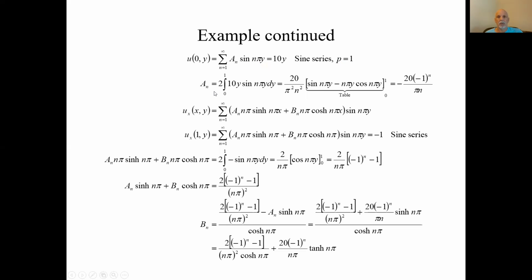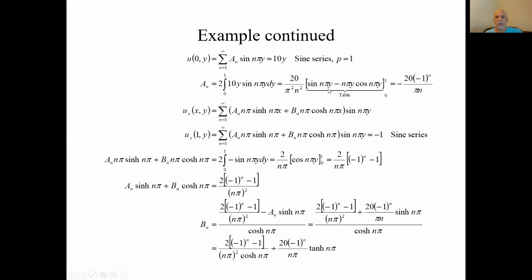And then, by matching coefficients, this big A sub n is the little a sub n's in the sine series. You look it up in the table, this is the integral you'd have to evaluate. It's kind of a painful integral. I use the table. You get this evaluated between these limits.